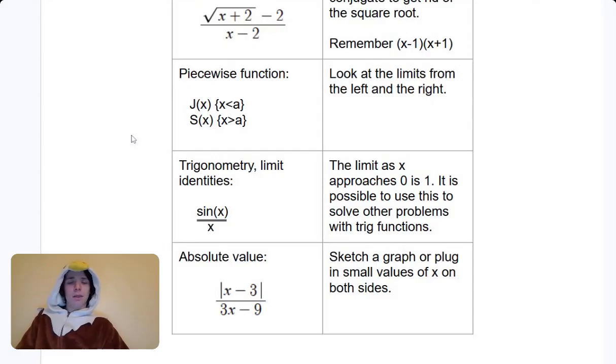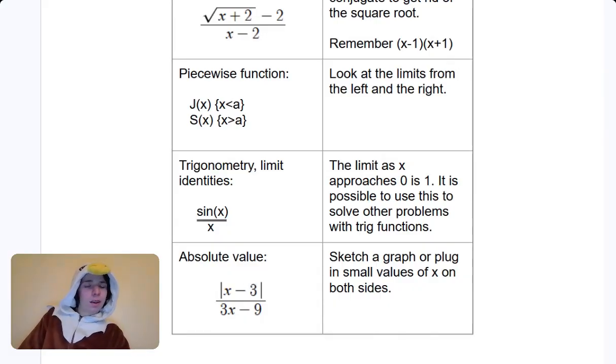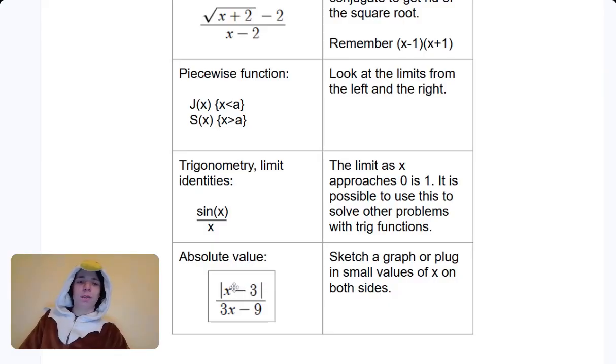But you can use that to solve it with tangents and with multiples of x in the denominator, or you can use the algebraic properties of limits, like if you want to divide by x squared or multiply by something.